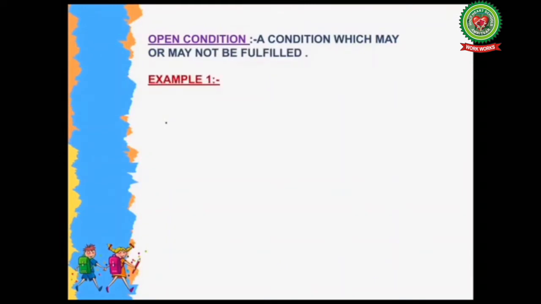See the example. I shall take an umbrella in case it rains. Here we have a condition, that is, in case it rains. So here it may rain or it may not rain. Whenever there is a condition which may happen or may not happen, it is known as open condition.